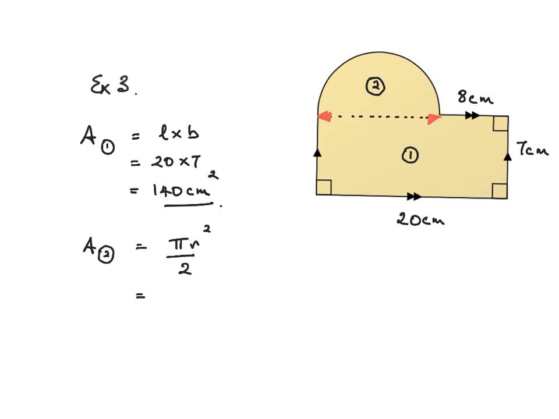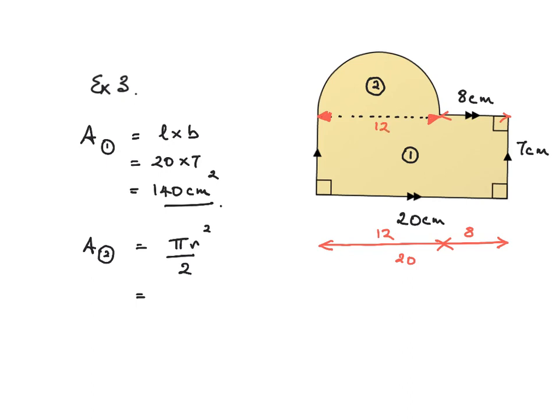Well, we know that the total distance from one side to the other is 20, and we know that this part here is 8. So what must we add on to 8 to make up 20? This part here must be 12.